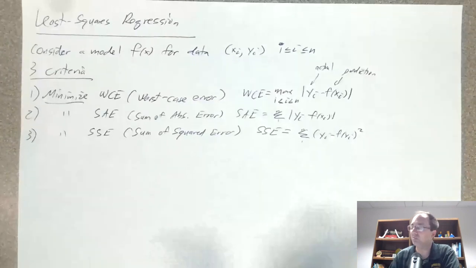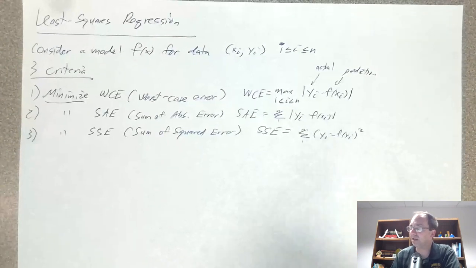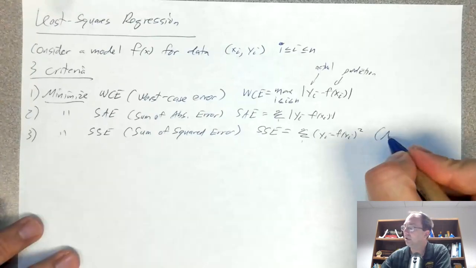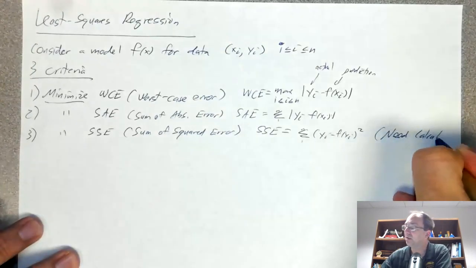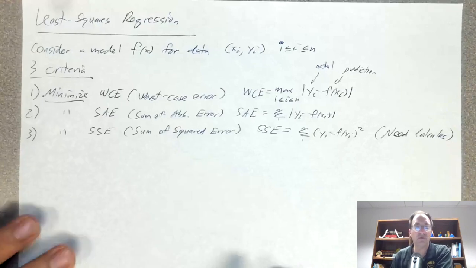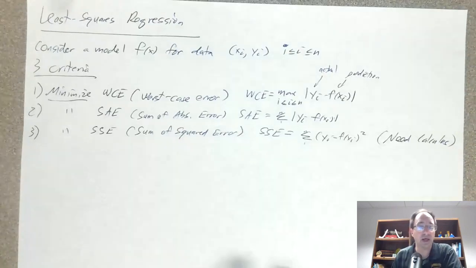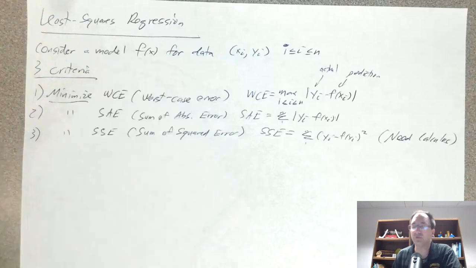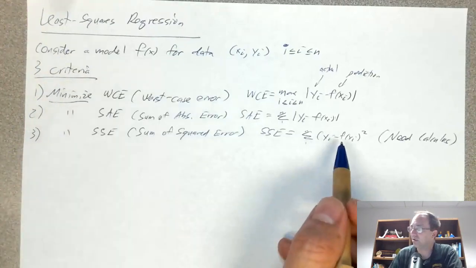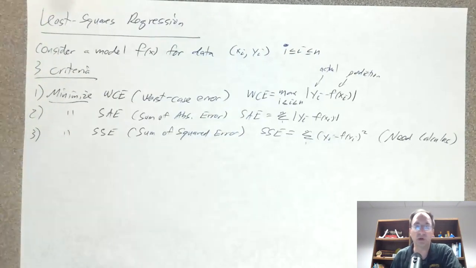And so it turns out it will be easier to apply calculus to SSE than to SAE. And so that's why historically this form of error analysis has been the choice. And it's also why we have our name, least squares regression, because we're taking all the squares and then making them as small as possible.